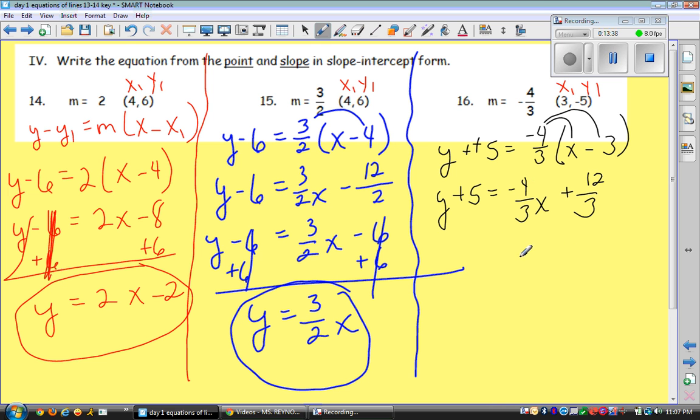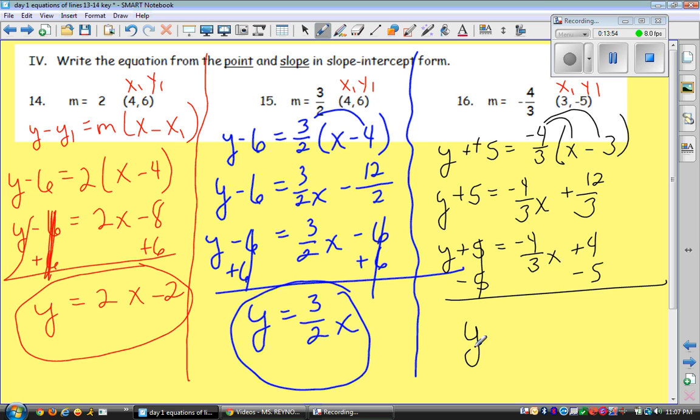So I'm going to add the extra step so you can see where the number comes from again. So y plus 5 is negative 4 over 3x. 12 divided by 3 is 4. Now I can subtract this 5 from both sides because it's easier than doing it with a fraction. So y equals negative 4 over 3x minus 1. And that would be your final answer.